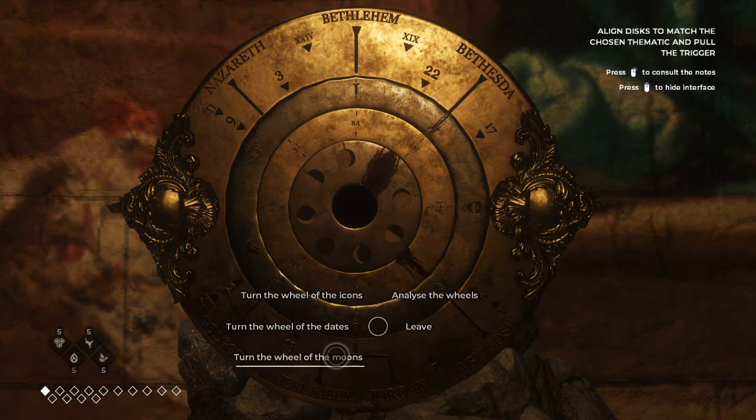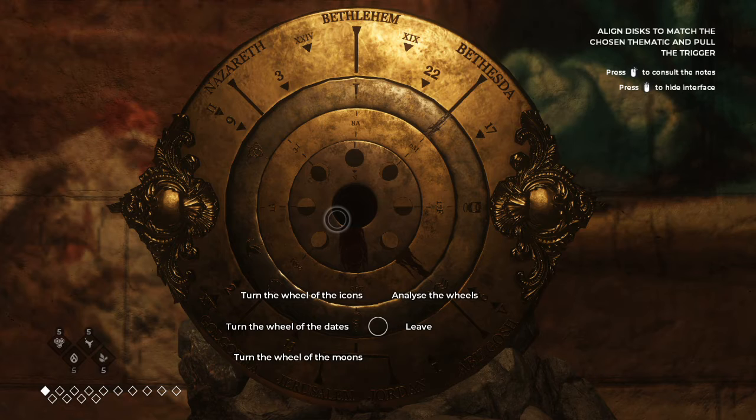Which one's the waxing gibbous? So new moon is at the top here. Goes to the left would be waxing crescent, first quarter. Waxing gibbous. So this one is the waxing gibbous. Which is what I have it at.